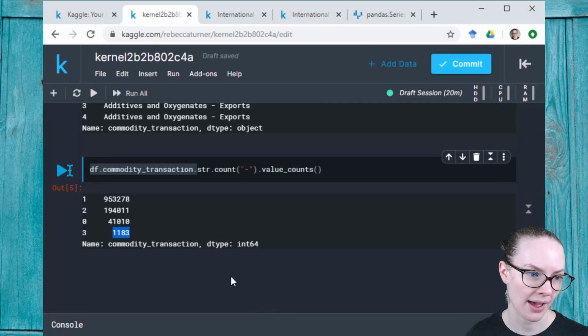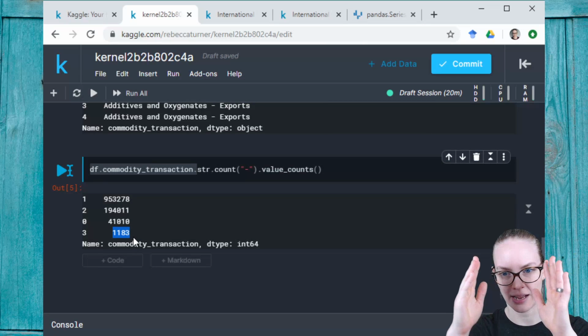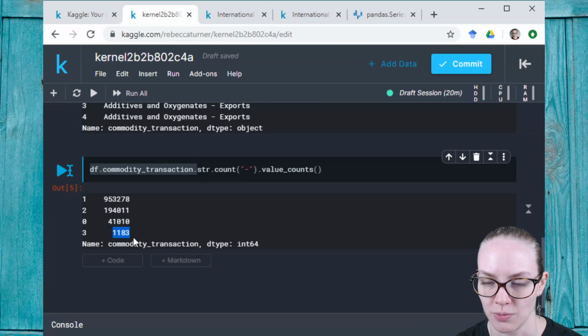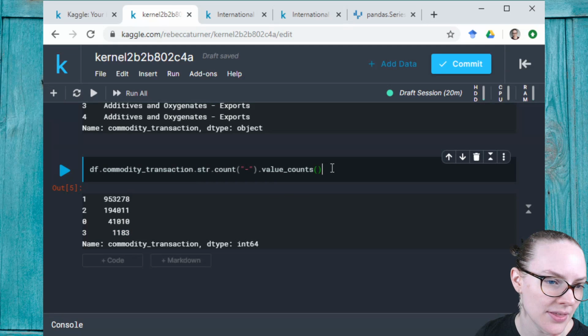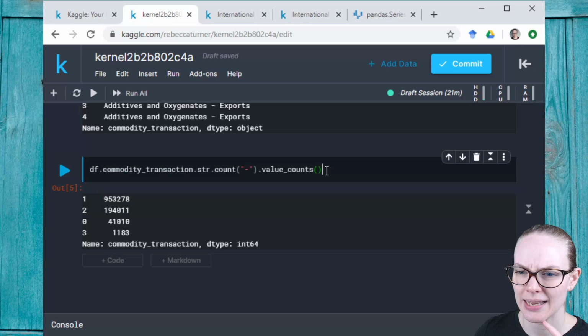All of them are going to have a first column. The majority are going to have a second column, the minority will have a third column, and only 1,000 will have a fourth column. So if we split on the dash, then we'll have text in front and after it. I think that's going to be the best choice for us going forward.